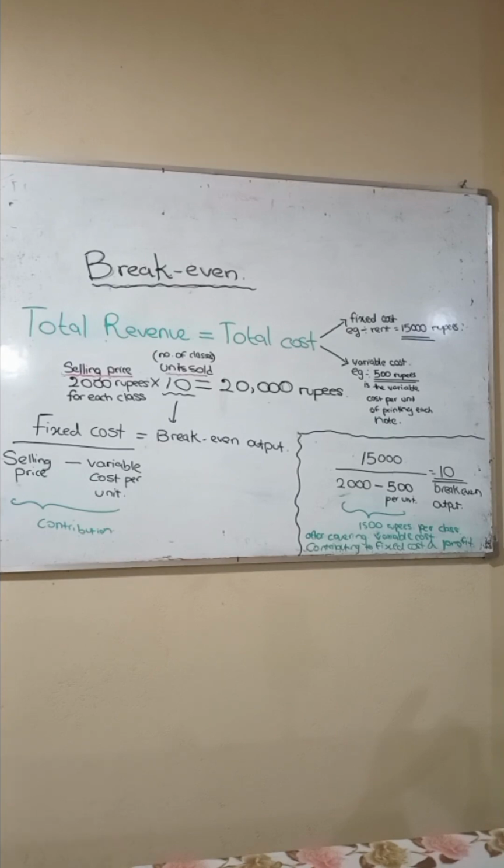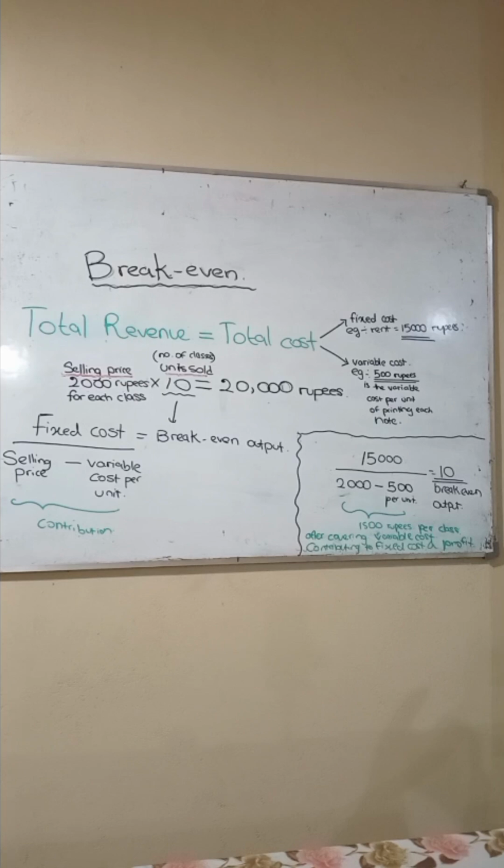The reason we do this calculation is to get an idea of the minimum number of products you have to sell in order to pay off the bills. A business should have a clear idea about this because none of us want to go through losses. We at least want to make enough money to pay off our bills. This is why you calculate the break-even level of output.